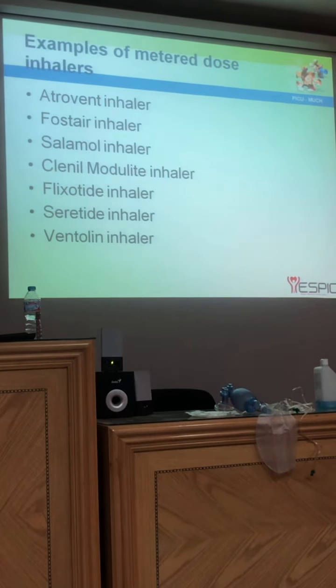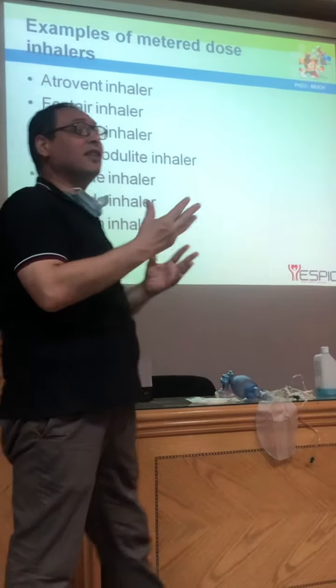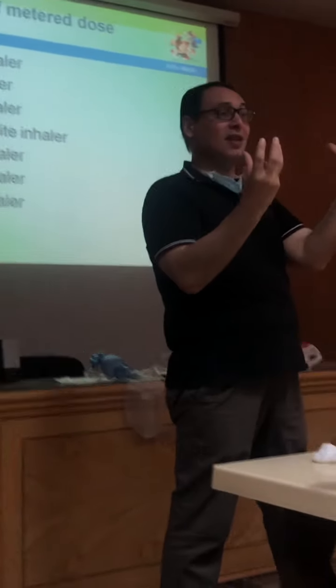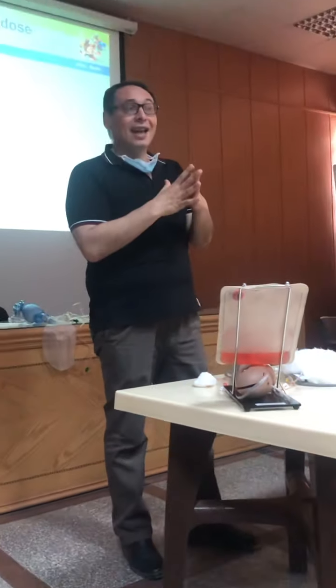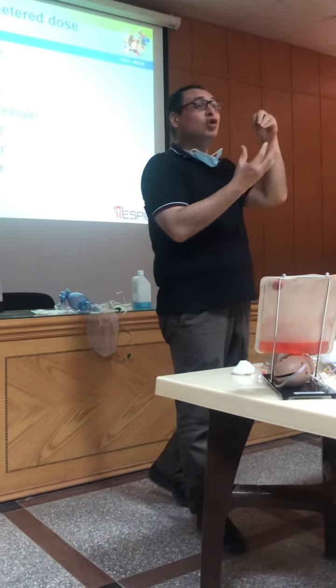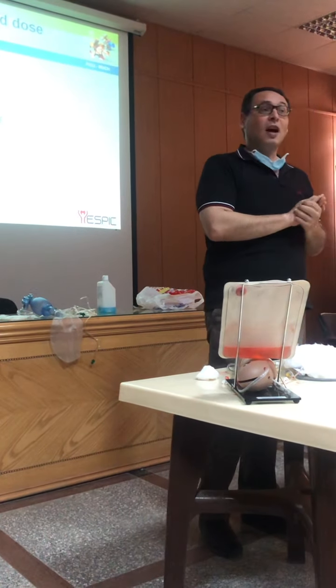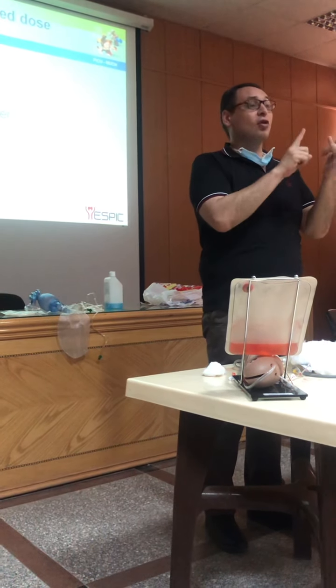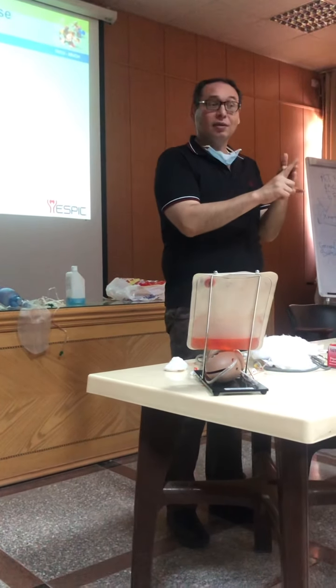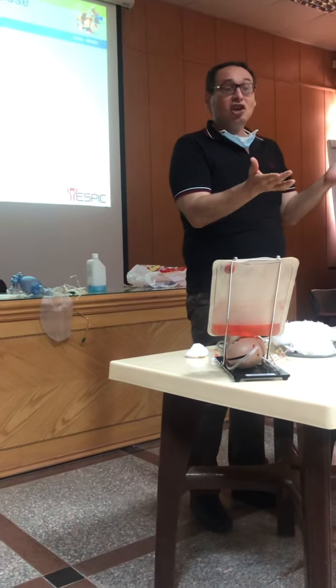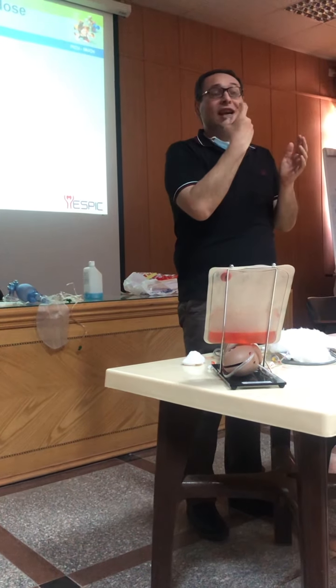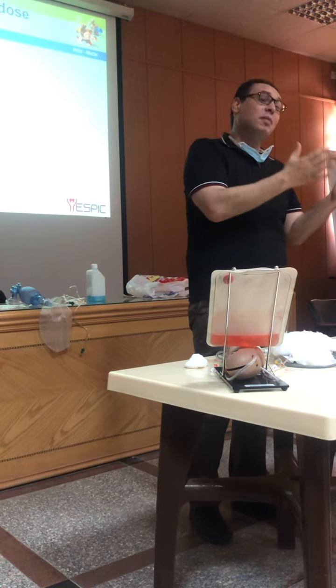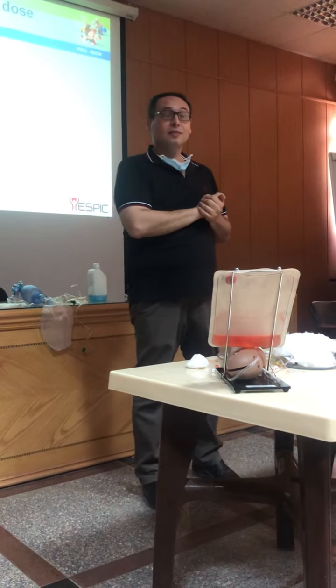Questions on the MDI: at first, identify the MDI and the spacer. Second, which drug is put inside the MDI: either beta-2 agonist, inhaled steroid, or mixed. The indication: used in acute asthma exacerbation and in maintenance therapy of asthma.